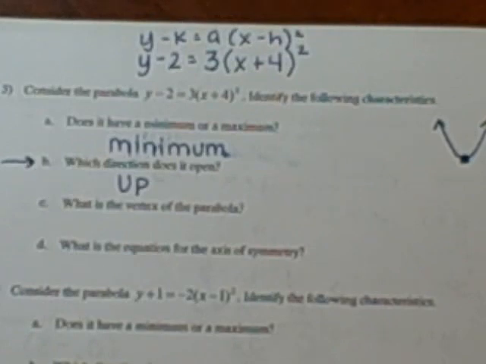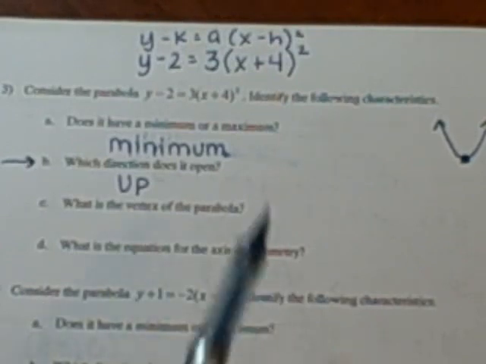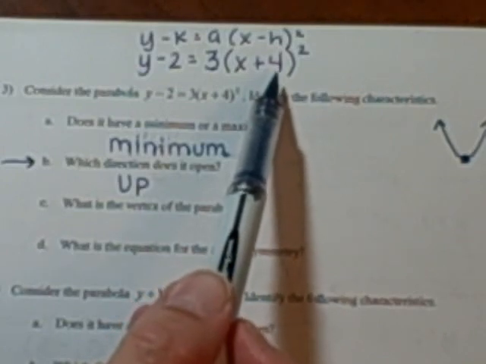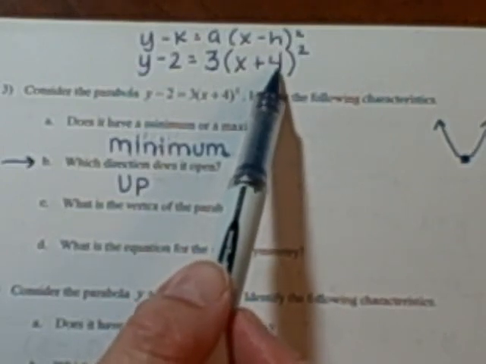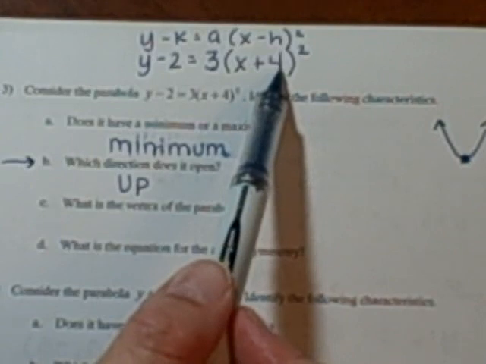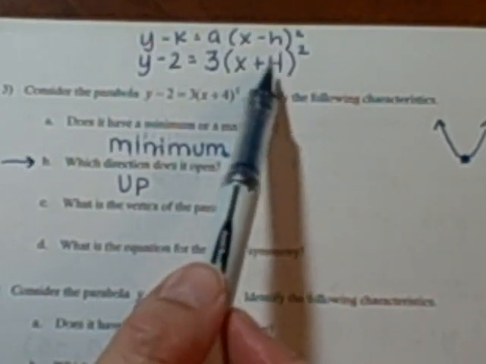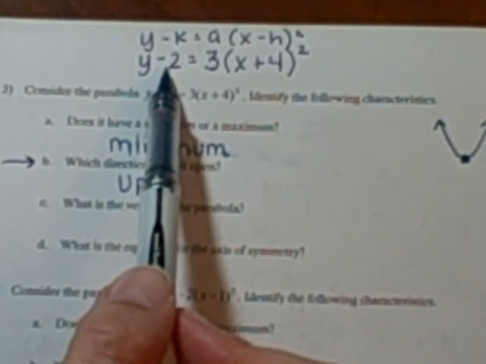Now you have to be really careful here because there's a lot of places to make mistakes. First of all, when we name our vertex, we have to name H first. And H is the number that's in the parentheses with X. Okay? So first we're going to name the 4 and then we're going to name the 2.